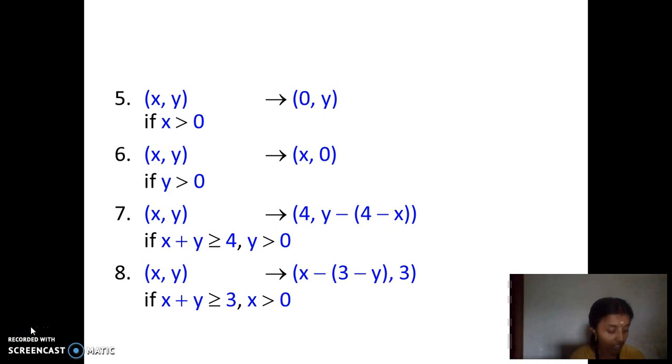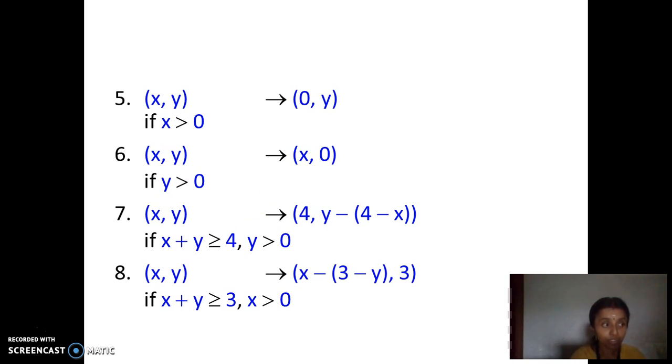The fifth rule is that if the amount of water in the first jug is greater than 0, then we can pour all the water on the ground. As a result, the amount of water in the first jug becomes 0. Similarly, the sixth rule is that we can pour out all the water from the y jug.